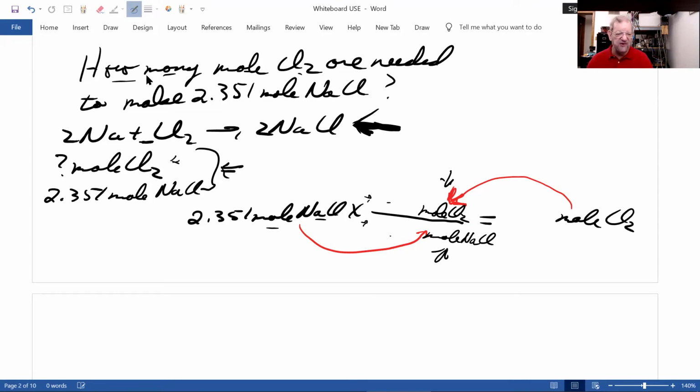The answer is, for every 1 mole of chlorine, you get 2 moles of sodium chloride. Now, before I pick up my calculator, moles of sodium chloride divided by moles of sodium chloride cancels out, because remember, A divided by A equals 1. So anything divided by itself is 1, or essentially cancels out.